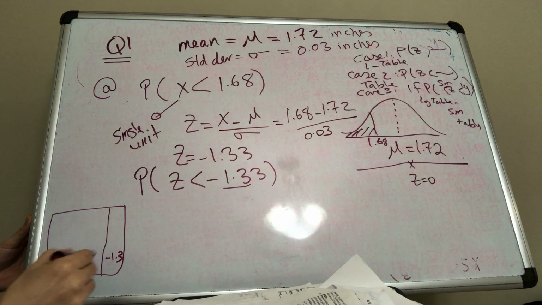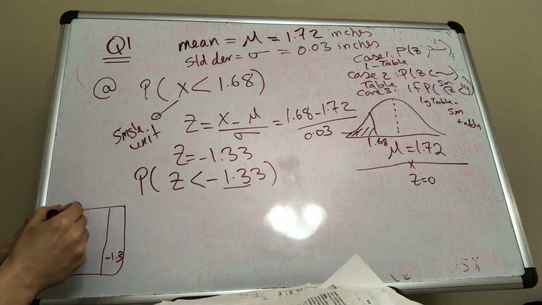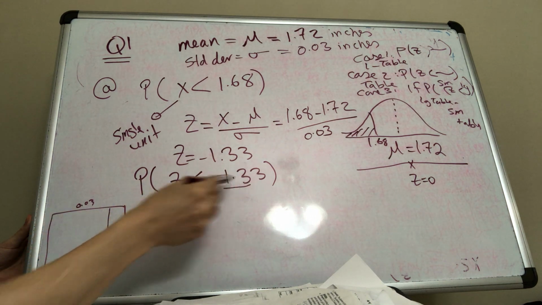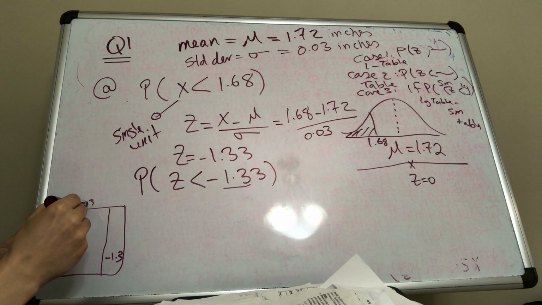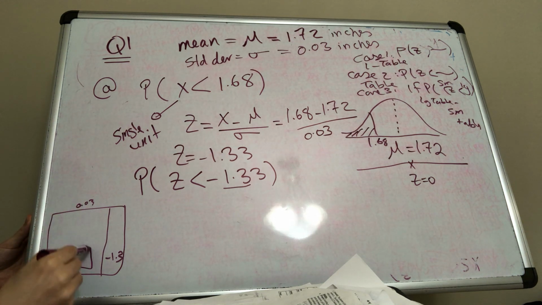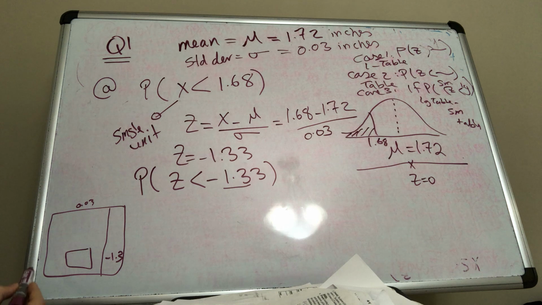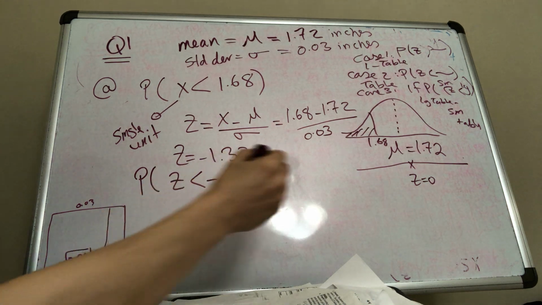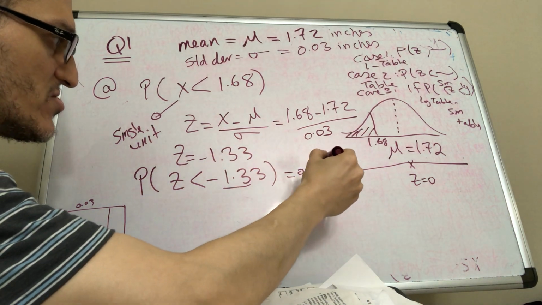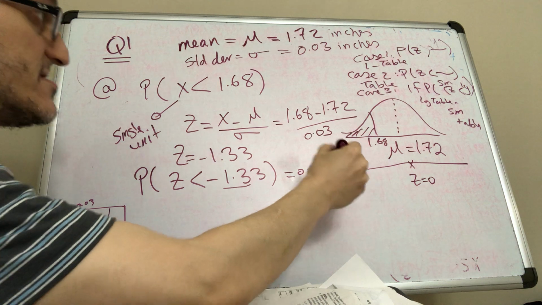Negative 1.3, with the second decimal place 03. So negative 1.303, and you'll see a number here. That's in the negative table. And the number, when you look it up, would be 0.0918. So the answer would be 0.0918.